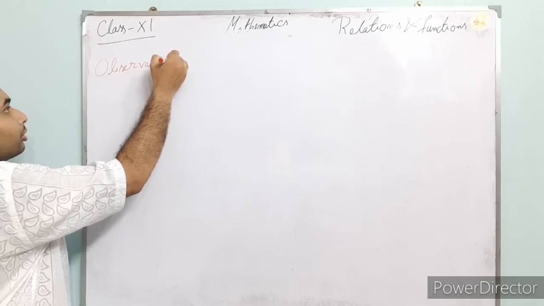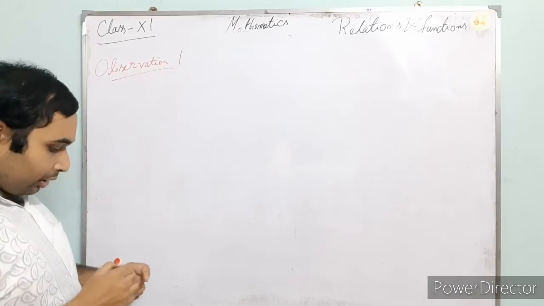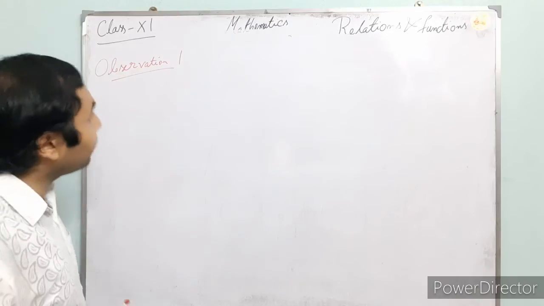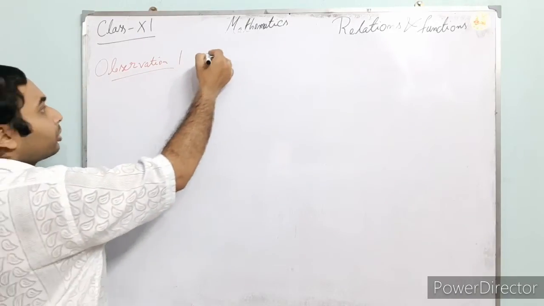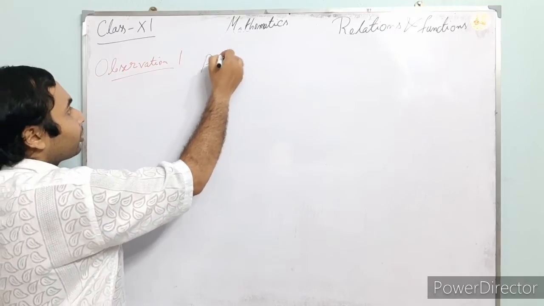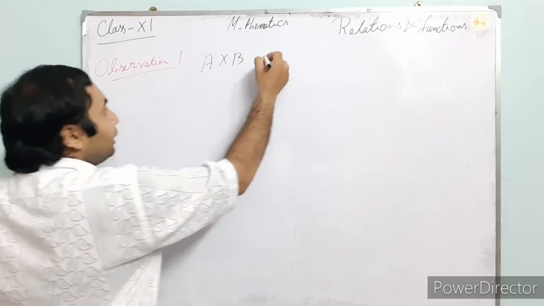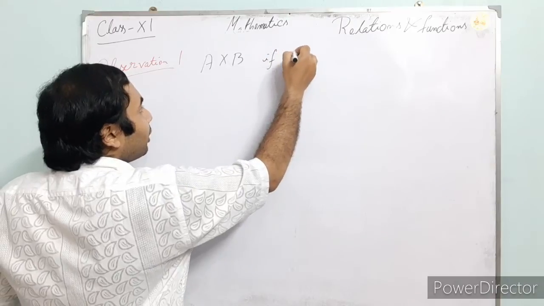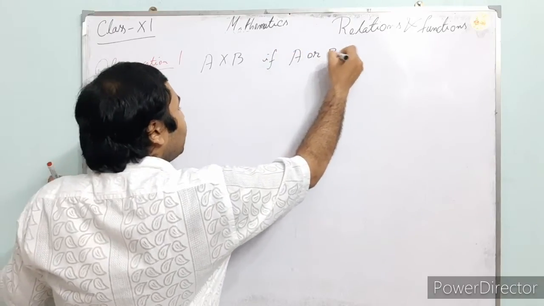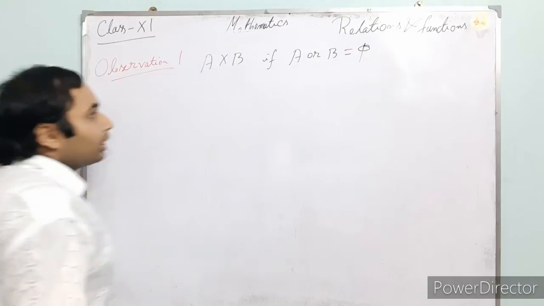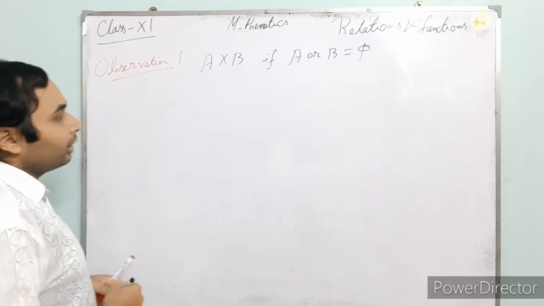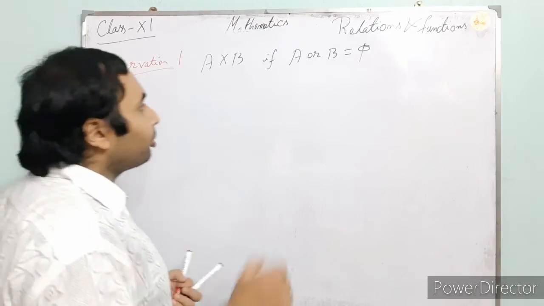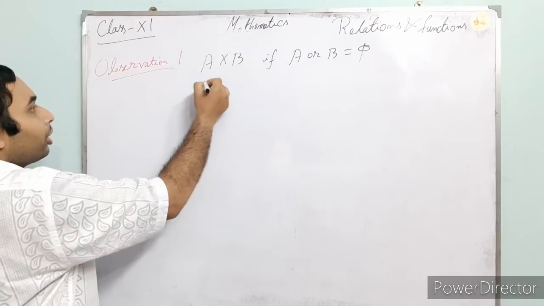Observation 1. We are finding A cross B, that is the Cartesian product A cross B. If A or B equals φ, that is the null set or the void set, if one of the sets is φ, no elements will be there, then what will be A cross B?